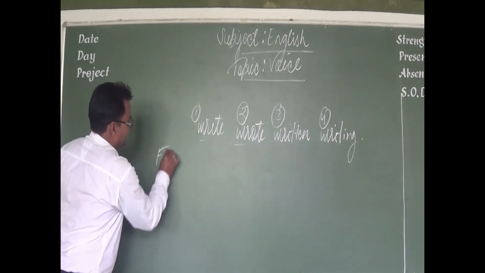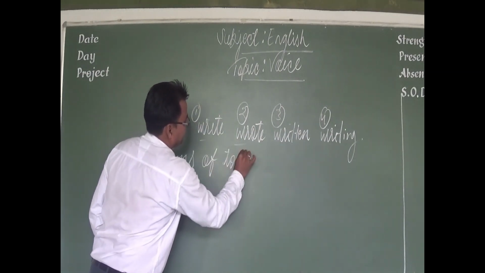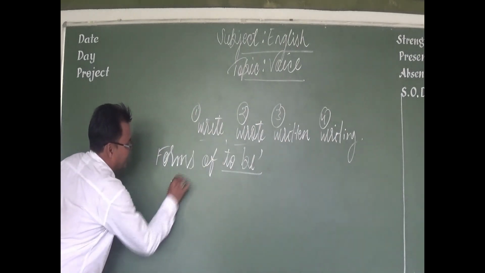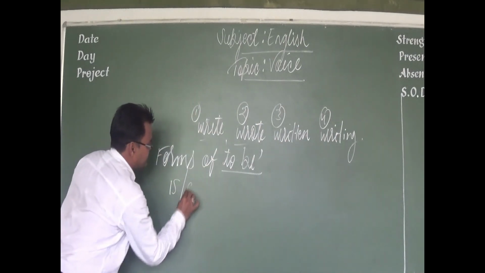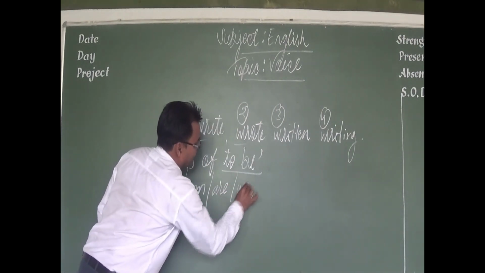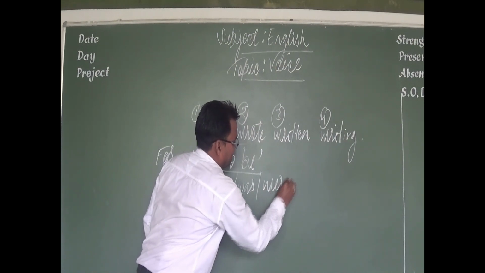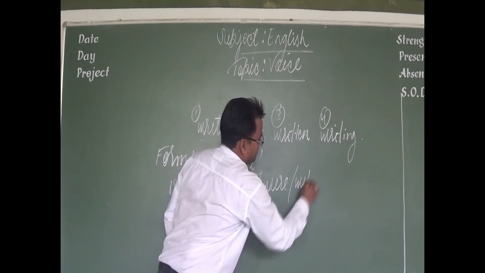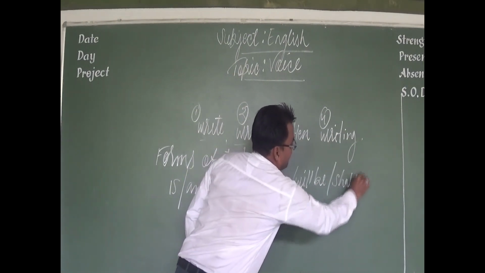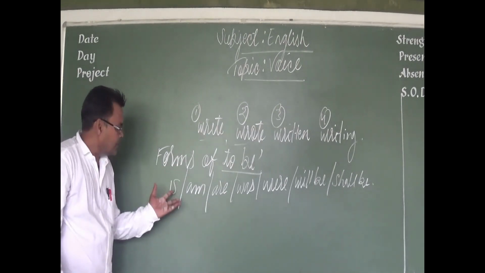So what are the forms of to be? See, the various forms of to be are is, am, are, was, were, will be, shall be. What are various forms?